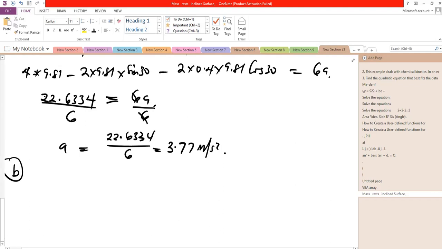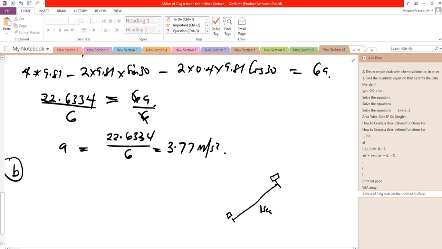Now it has moved for 1 second. Having moved for 1 second, that means we need to calculate the final velocity. Let's say this is the object, let me just represent it with a small one. It started at 0, it now moves to a point at this point, which is 1 second, which it has moved.